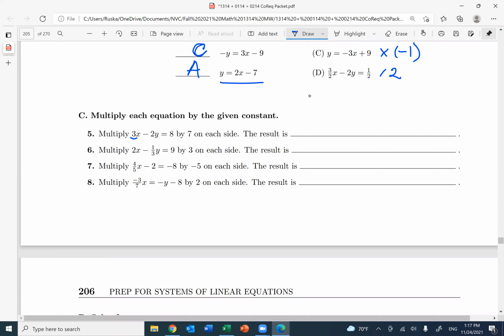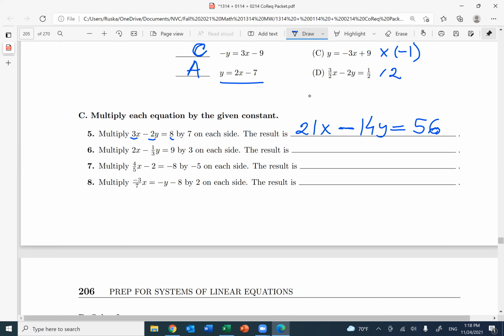It's going to be 21x minus 2 times 7 is 14y equals 7 times 8 is 56, right? So that's what you're going to get. Always when you multiply by a number, make sure you multiply everything by that number, both sides.